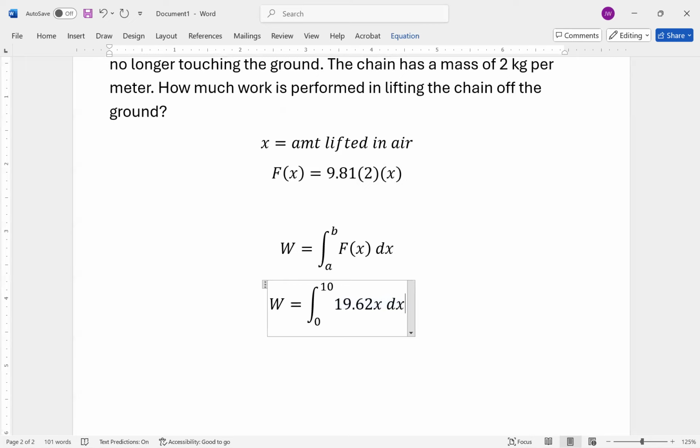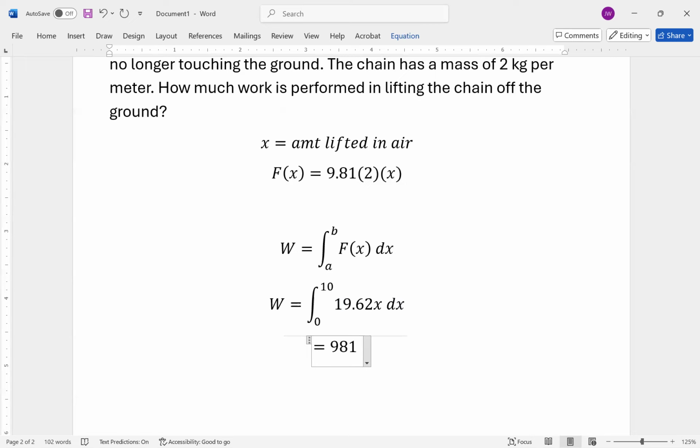This is very easy to do by hand if you'd like. I think I'll still use my calculator just because it's a little bit quicker. I end up with 981.